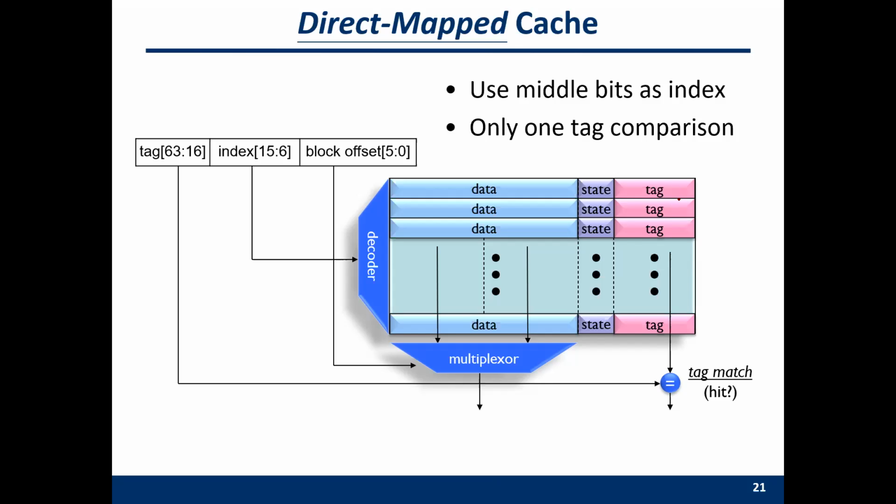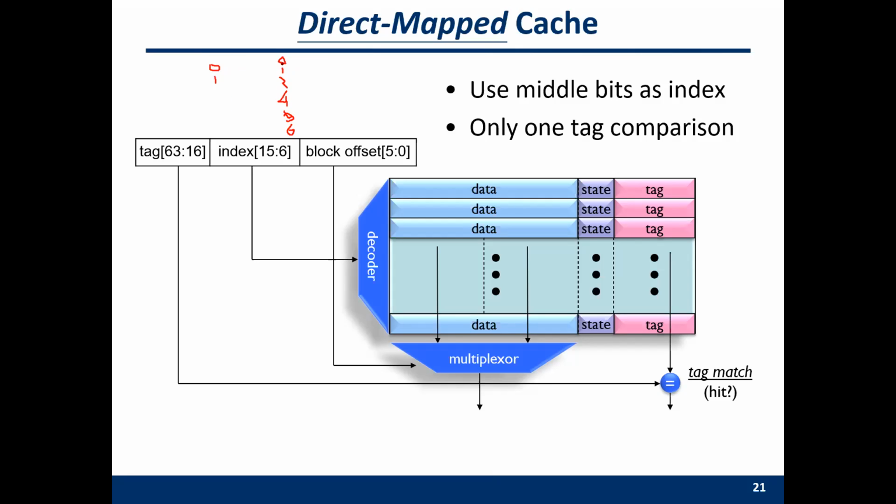This is the reason why sometimes we prefer a direct mapped cache. The idea of a direct mapped cache is simple. Assume we have 0, 1, 2, 3, 4, 5 addresses, and the cache only has 2 entries. So we can use a mod operation to decide which address goes to which cache physical location.